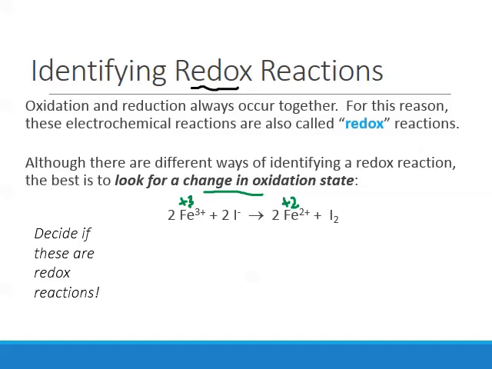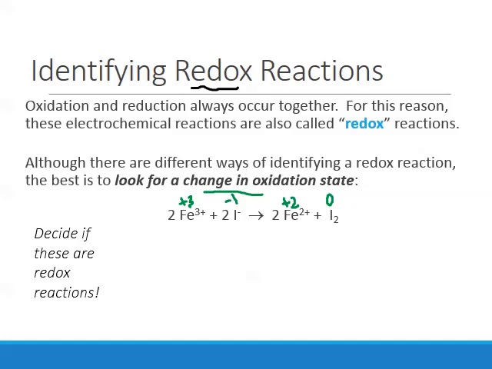The iodide starts off at minus 1 as its oxidation state, and then finishes with iodine, which of course is just the element, so therefore 0 is its oxidation state. So iodide is going up in oxidation state, minus 1 up to 0, and that means it has lost an electron, and the iodide has been oxidized.